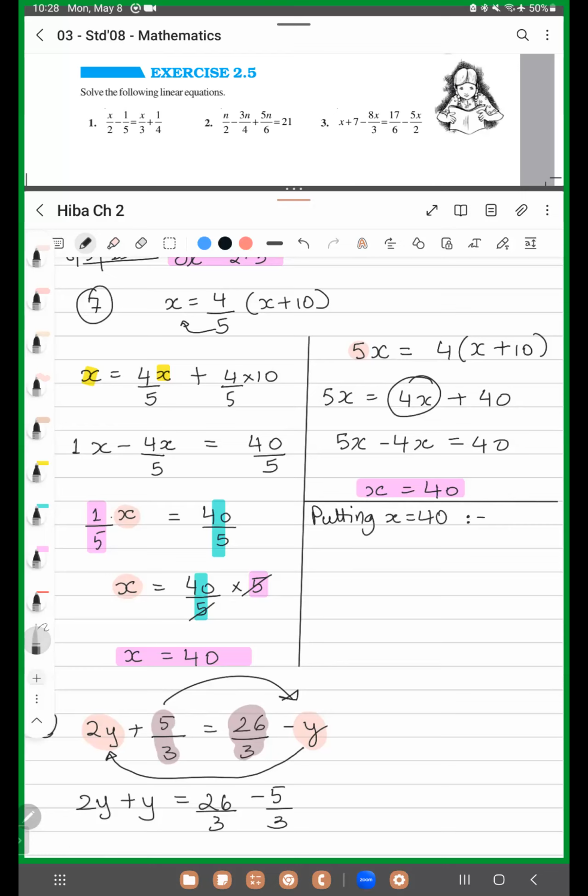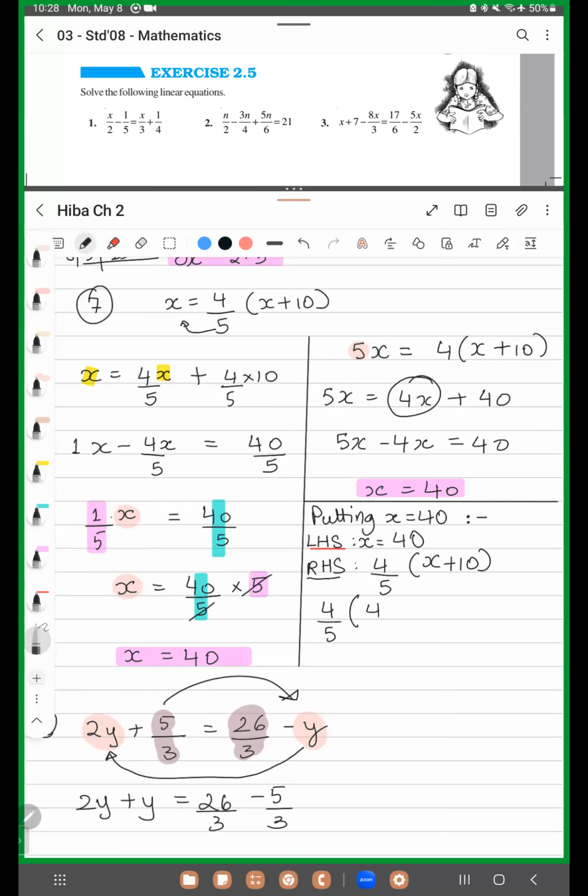What is the LHS? LHS क्या बन जाएगा? LHS is equal to x, so x is 40. And what is RHS? 4 by 5 multiplied by x plus 10. x क्या है हमारा? 40, right?